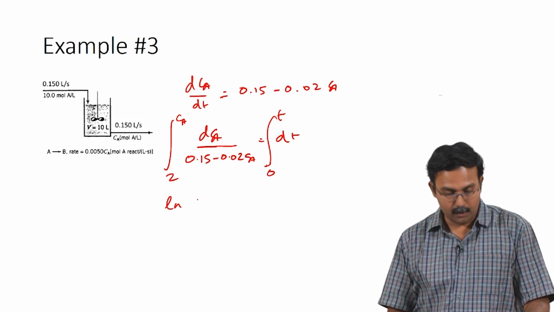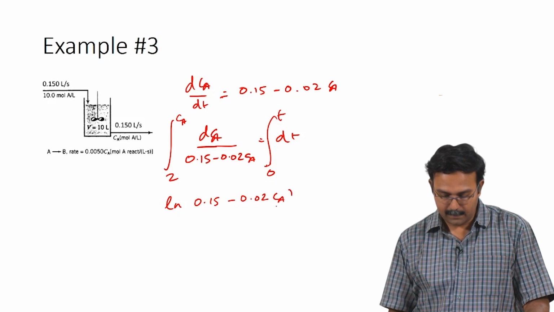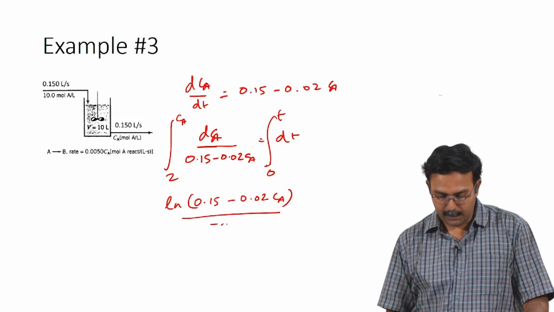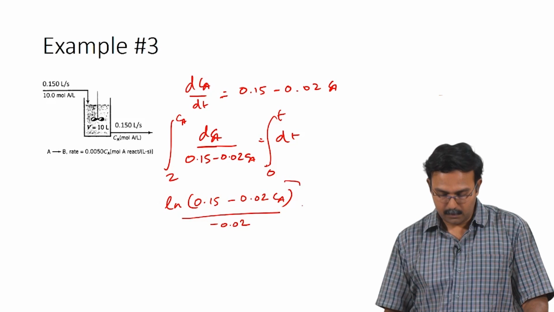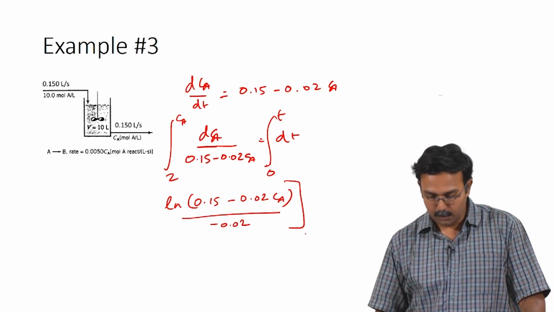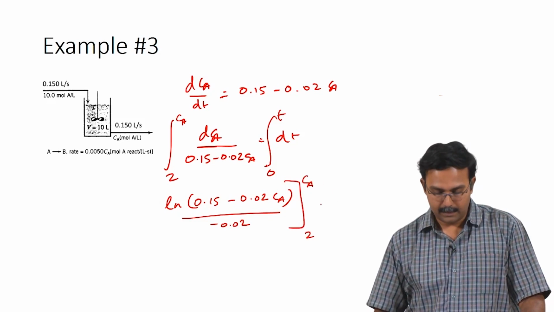Using this equation, we can integrate and get the solution. You would have ln of (0.15 minus 0.02 Ca) divided by minus 0.02 with limits of 2 to Ca equals t.